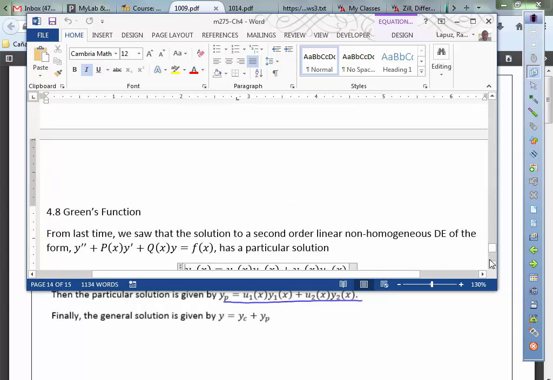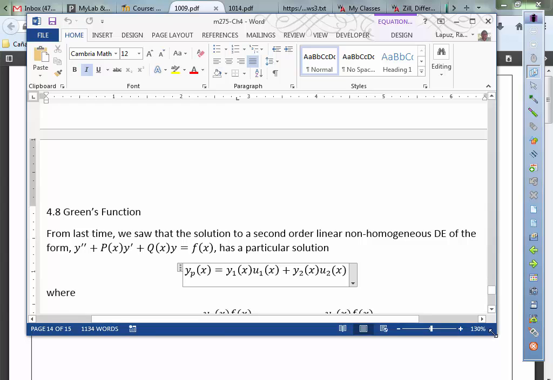So, Green's theorem, or Green's function, sorry.